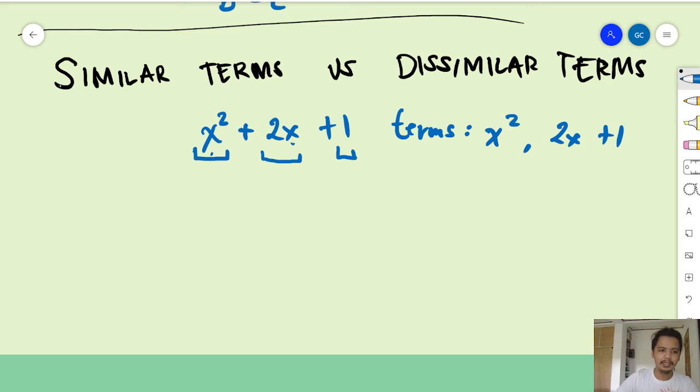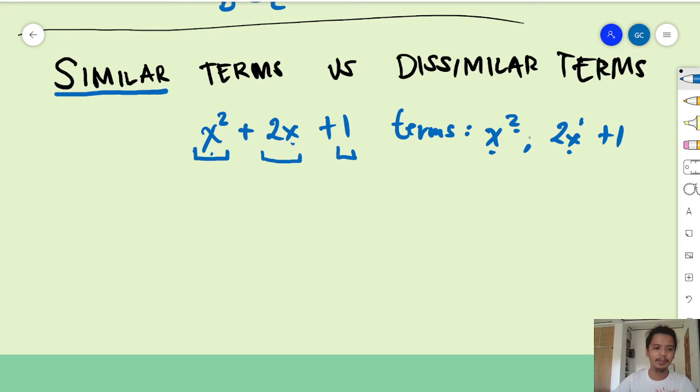Para masabi natin na similar terms sila, kailangan yung variable, okay, and yung exponent nila ay pare-parehas. At sabi ko sa inyo last time, kapag ang isang variable ay walang nakasulat na exponent, it is understood that that is equal to 1.